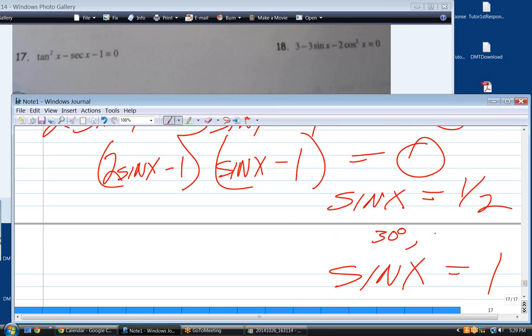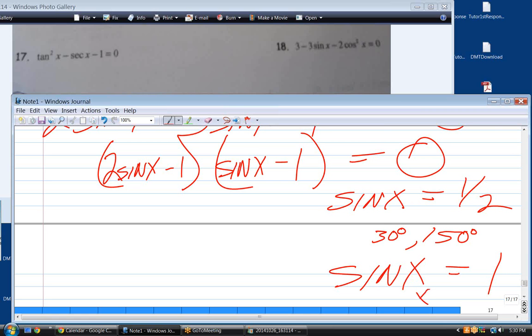And where's the other 1/2 occur? Oh. There's always going to be 2 solutions unless it's a quadrantal angle. And then occasionally the quadrantal angles will only produce 1 solution. The other is 150. But that's always got to have 2 answers to it.